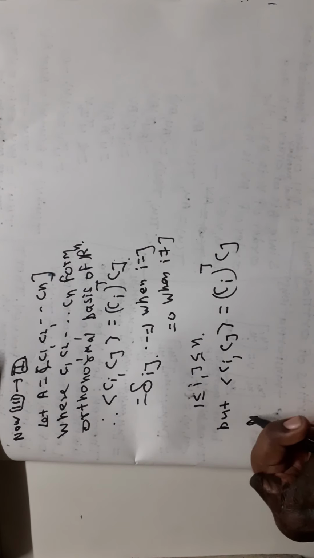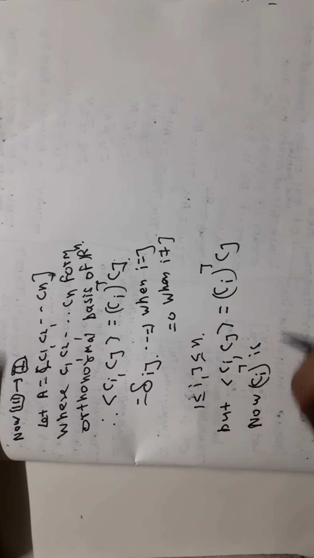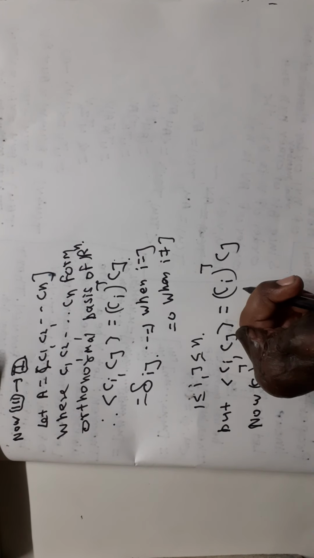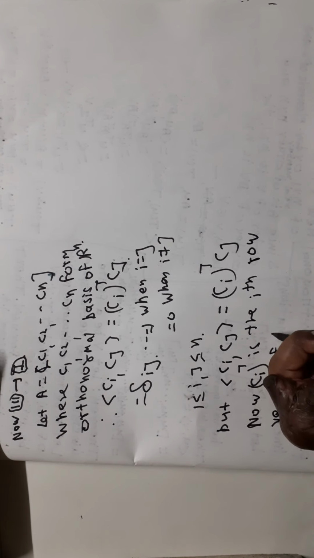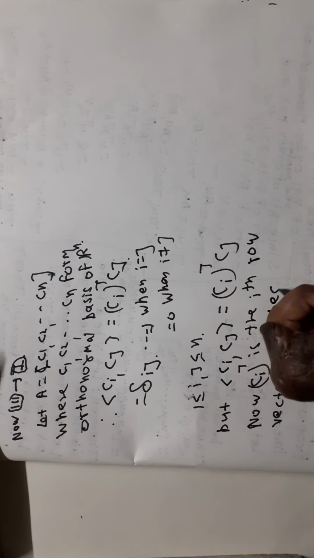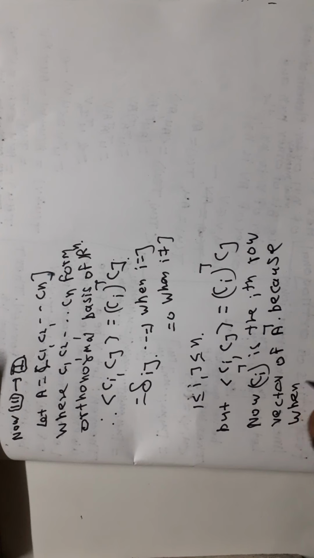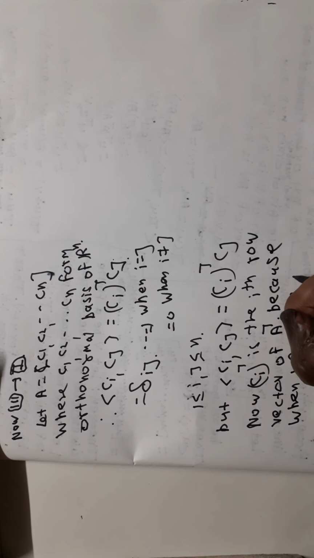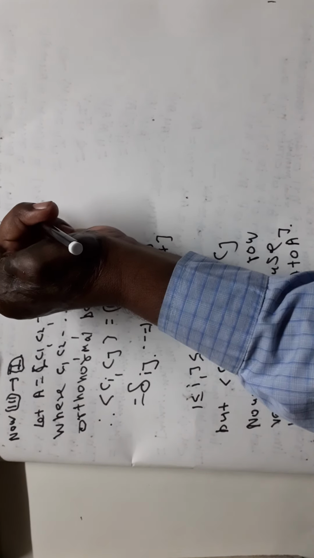Now Ci transpose is the ith row vector of A transpose, because when we change A to A transpose, columns are interchanged to rows.